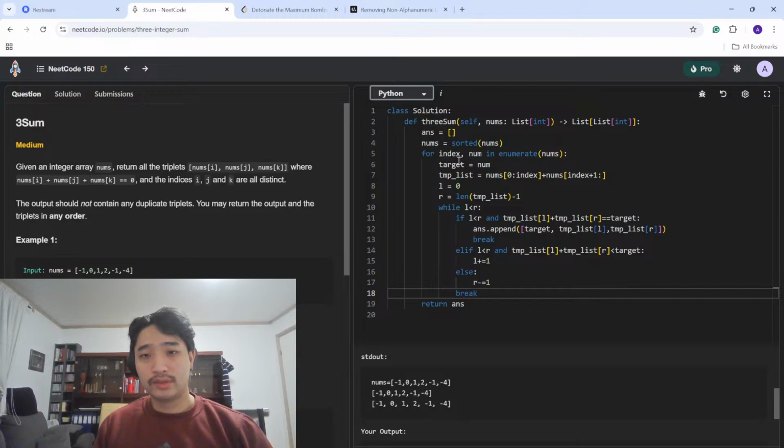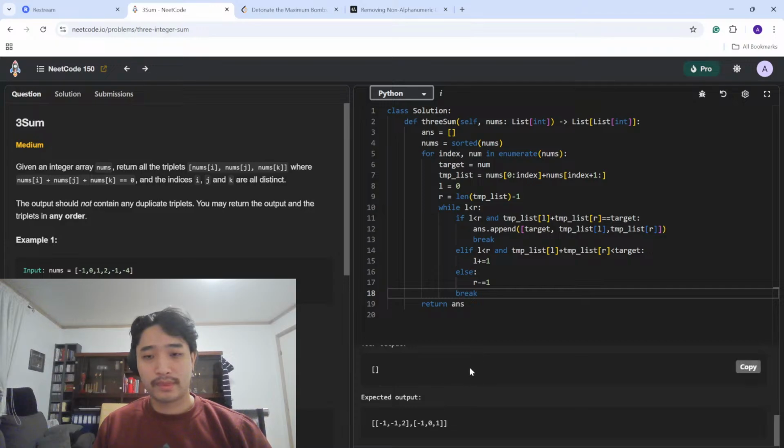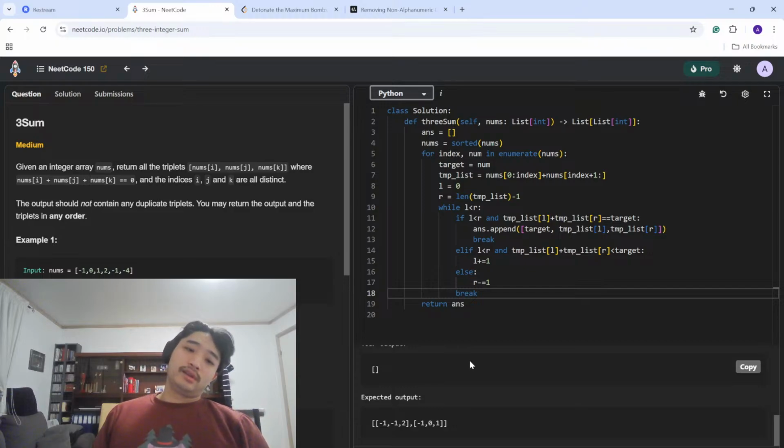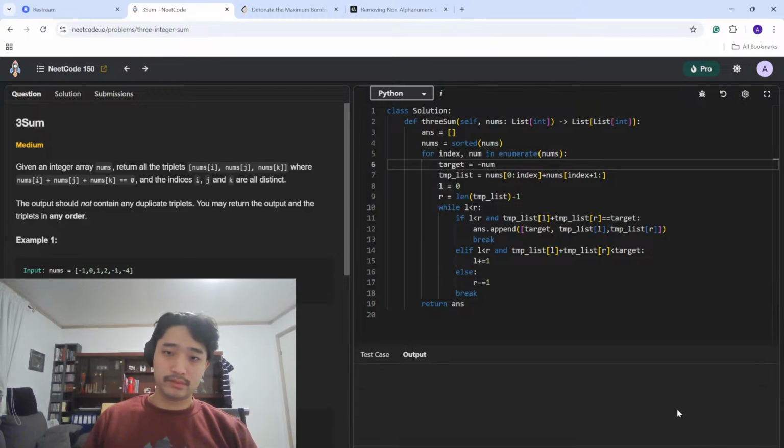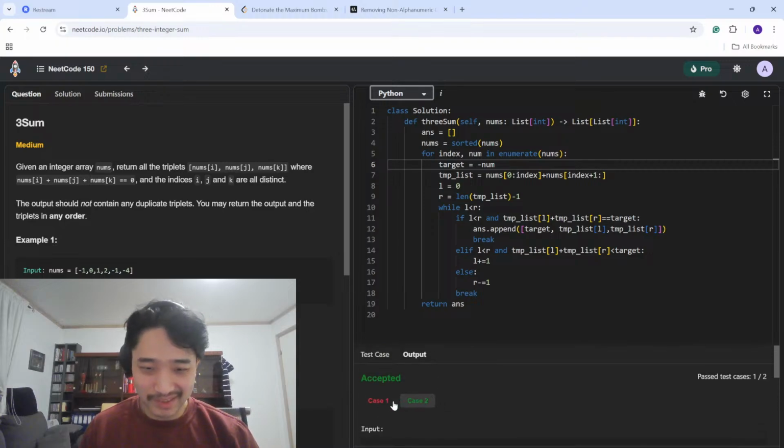Shouldn't it go back to this then? Oh, target should be the negative of this, shouldn't it? Minus them. It worked for this one apparently, because you didn't get anything, never mind.